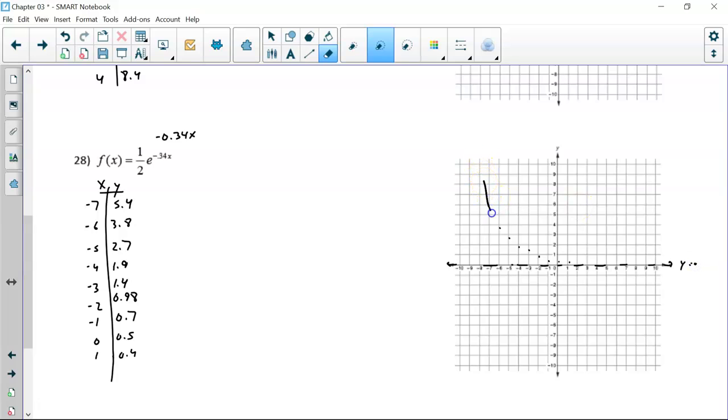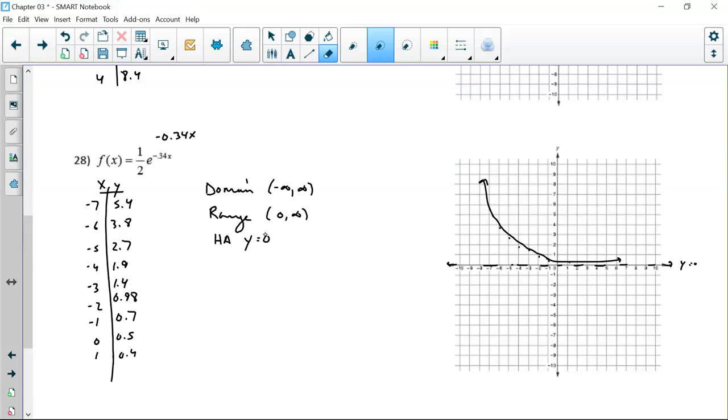So your exponential is going to go like that. So our domain, negative infinity to infinity. Our range, going from 0 to positive infinity. Horizontal asymptote, y equals 0.